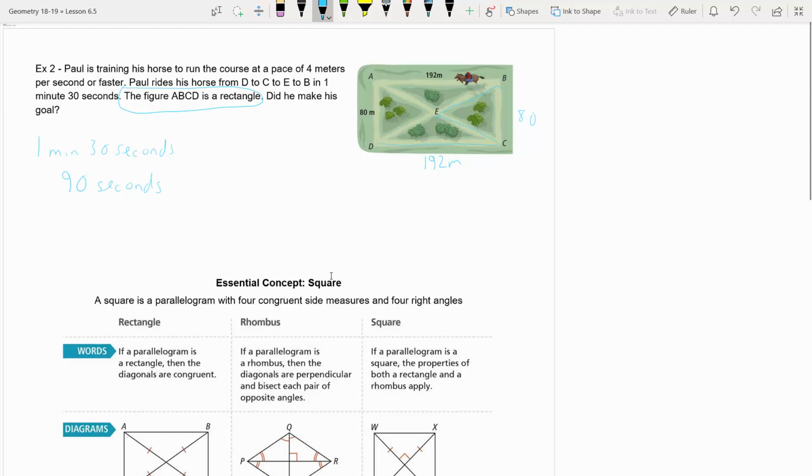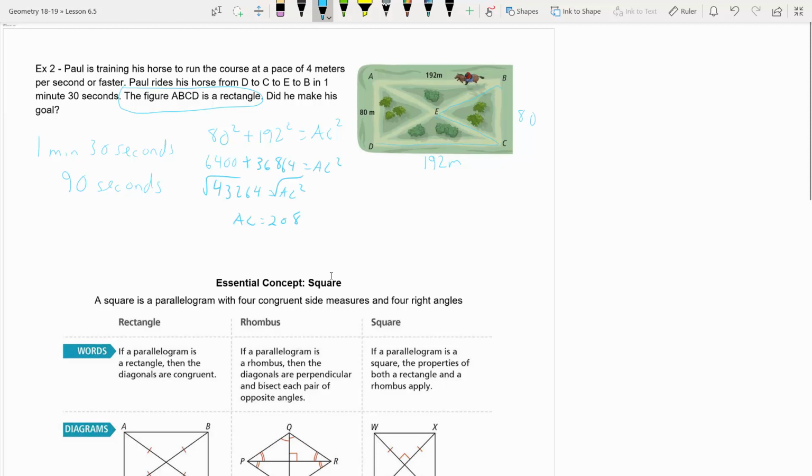So I can do 80 squared plus 192 squared, and that's going to give me the whole length. Or in other words, it's going to give me AC squared. And the nice part about this is that once we have that, EC is half that length. So go ahead and do your math on that. Figure out what your Pythagorean theorem is and see what the measure of AC is.